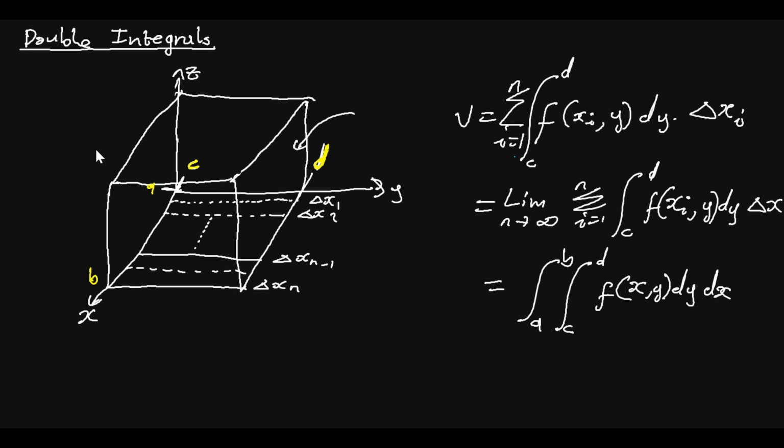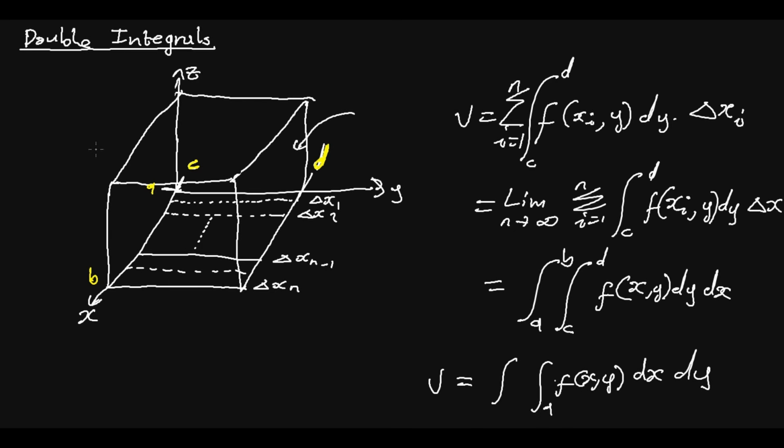In the same way that we started with the integral with respect to y here and then end with x, the theorem tells us that you can start with any variable. So v can still be obtained even when we start with dx first, so we end with the dy.